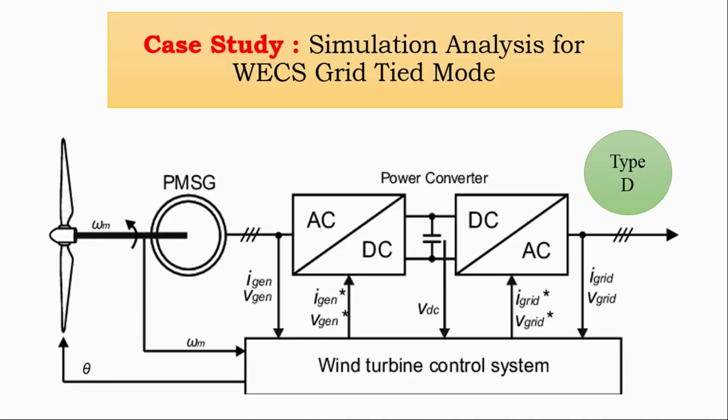Just have a look at one term, rated wind speed. It is the speed of the wind turbine at which the generating system will deliver the rated power of the generator. In upcoming lectures, I shall discuss how this speed comes into the picture.